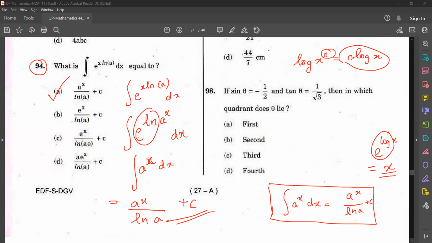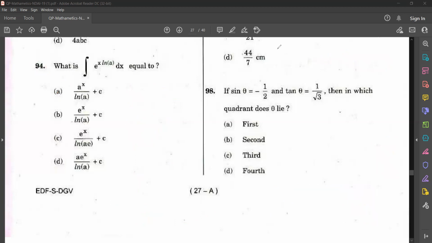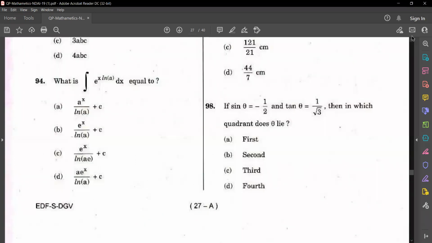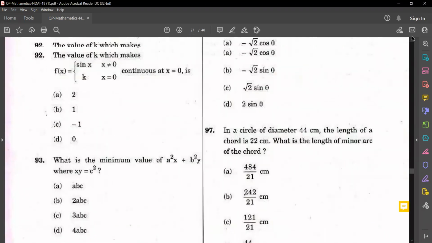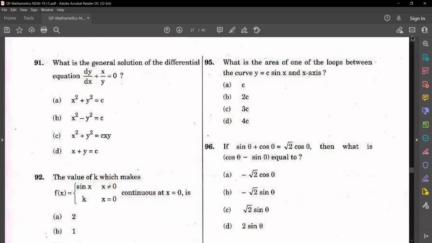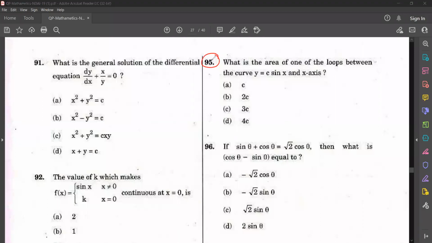Okay. So let's go to the next question. Question number 95. What is the area of one of the loops between the curve y is equal to c sin x and x-axis?